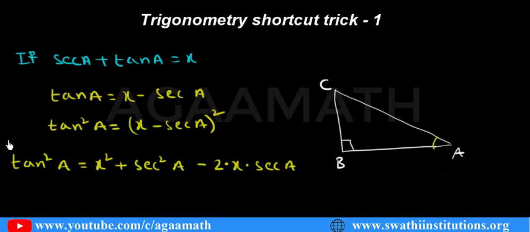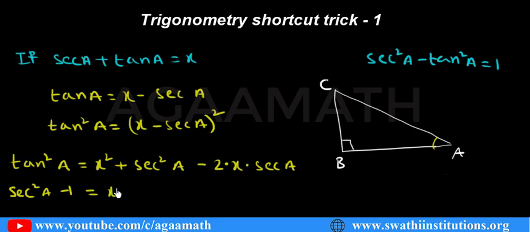Now for tan square A, we have an identity. How many of you remember the identity here, that is secant square A minus tan square A equals 1, right? Based on that identity, if I make tan square A the subject, it becomes secant square A minus 1. So in the place of tan square A, I write secant square A minus 1 equals x square plus secant square A minus 2 into x into secant A.